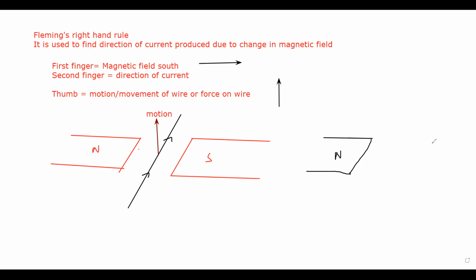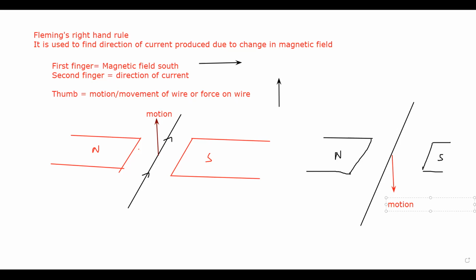For example, you have north and south, and there is a wire, and you are moving this wire downward. This time the motion of the wire is downward. What will be the direction of induced current? The direction of induced current will be out.